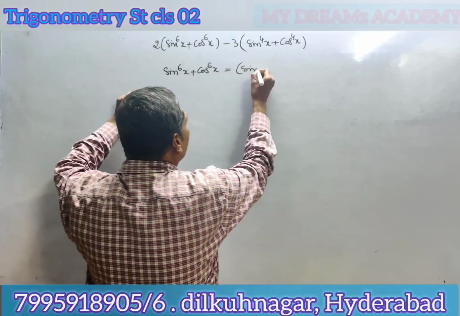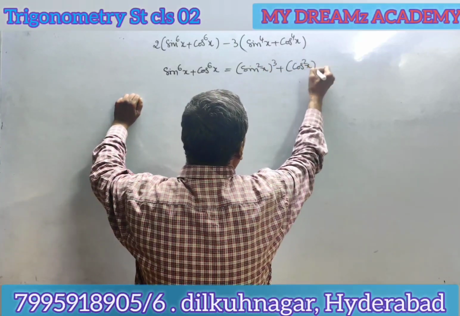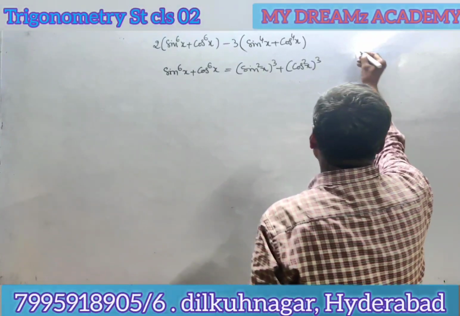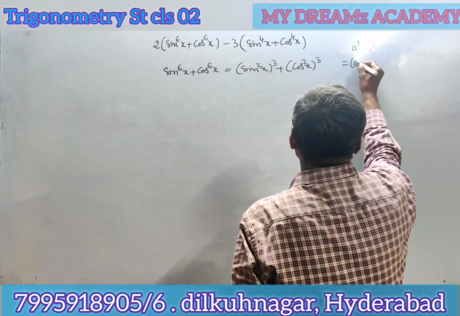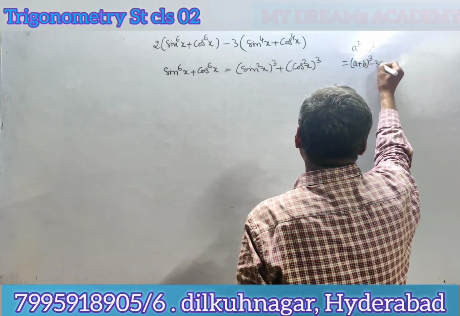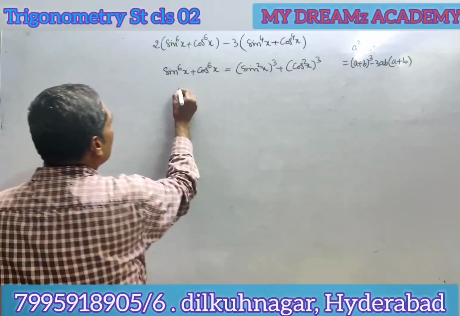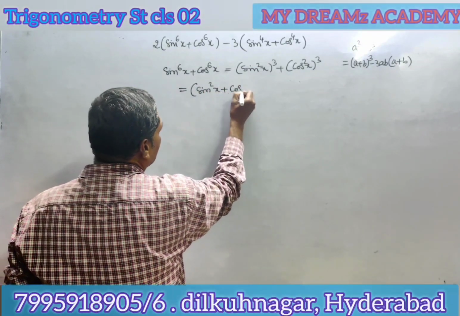This is sine square x whole cube plus cos square x whole cube. It is in the form of a cube plus b cube. You will get some confusion. a cube plus b cube can be written as a plus b whole cube minus 3ab into a plus b. Here a is sine square x, b is cos square x.